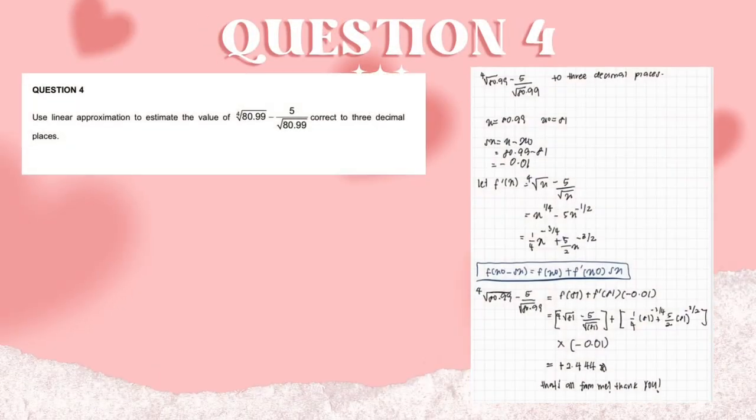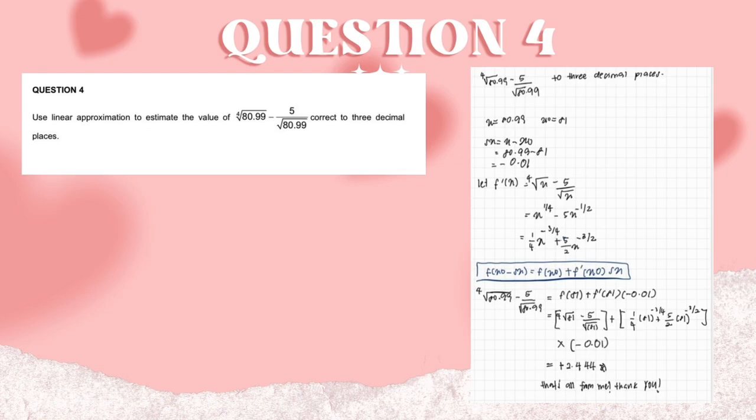Hi, my name is Nurhazariza and I'm going to discuss question number 4. So in question number 4, x equals 80.99 and x naught equals 81, so delta x equals x minus x naught, 80.99 minus 81, which gives negative 0.01. So let f prime of x equal the derivative of square root of 4x minus 5 over the square root of x.